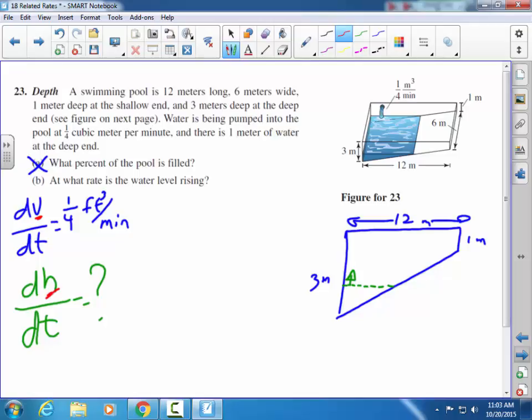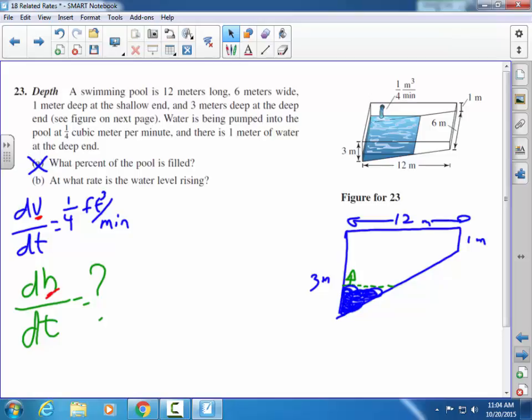That's the volume of a cone, but this isn't a cone, is it? Okay, so how do we find the volume of something? And you see, this is all water right here. So how can we find the volume of this water right here? Anybody remember how to do that?